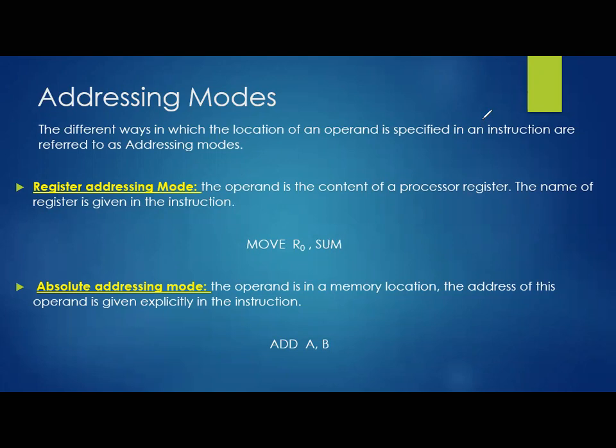Clear? So we'll see that addressing modes, the different ways in which the location of an operand is specified in an instruction, are referred to as addressing modes. The task is we need to target or address the operand which is residing in our memory. Don't worry whether it is primary memory or secondary memory.